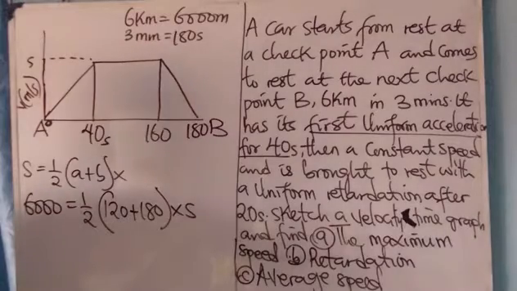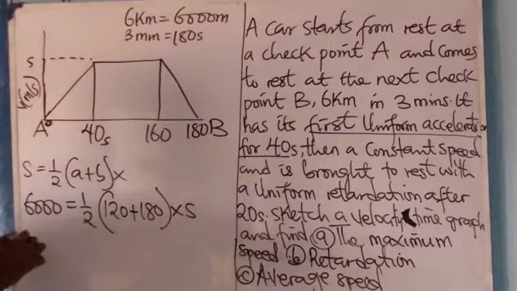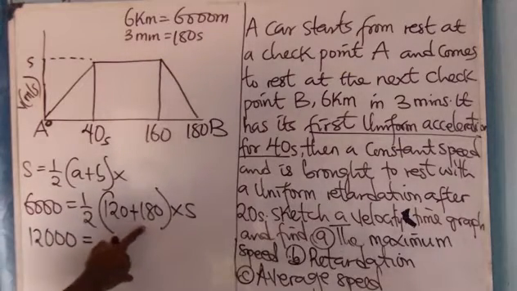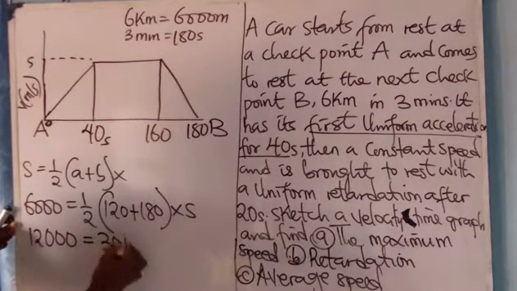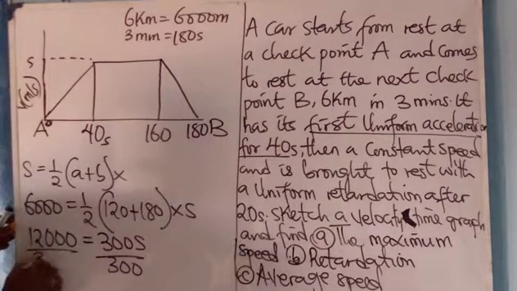So in doing that, this times this is 12, equals this plus this, that should be 300s. Divide both sides by 300.